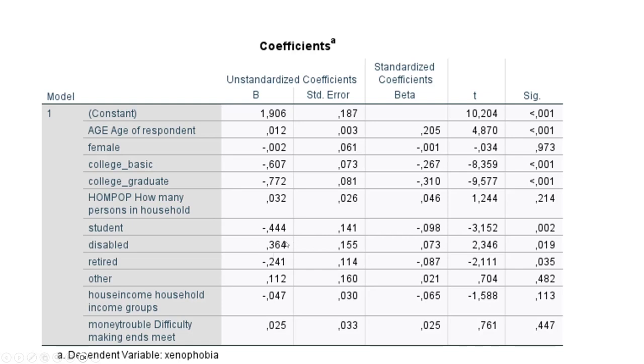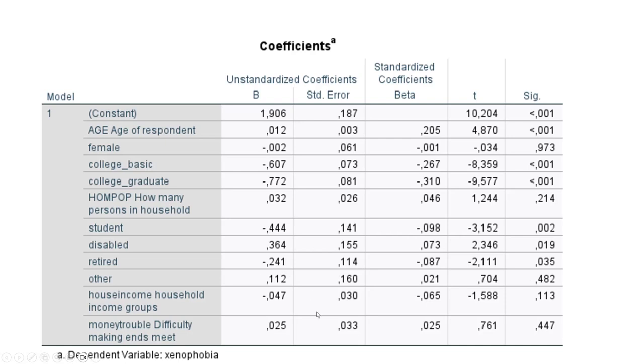The permanently disabled have significantly more xenophobia than working people. And the retired, interestingly, have significantly less xenophobia than working people. Here we are controlling for age, for the positive effect of age. So net of the positive effect of age on xenophobia, retired people actually have less xenophobia. And others are not significantly different from working people.